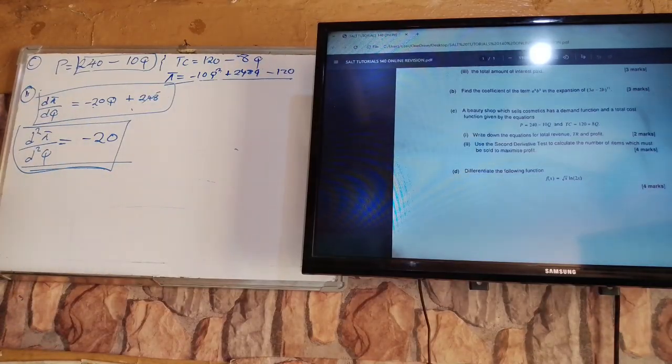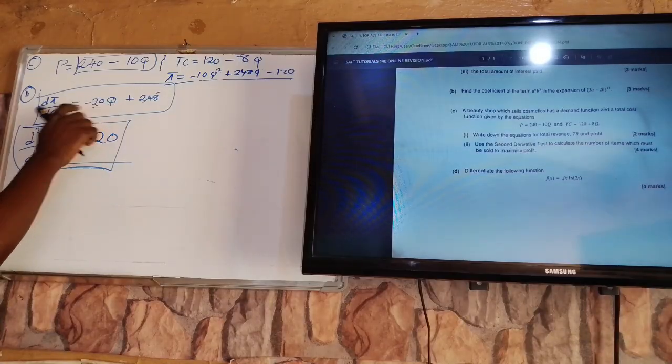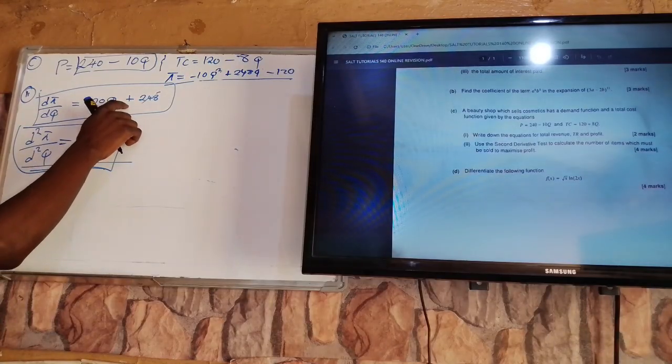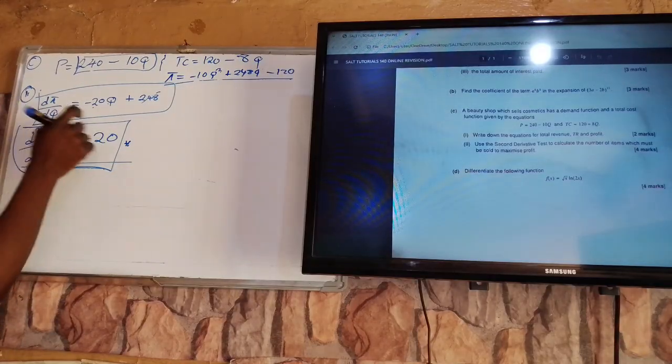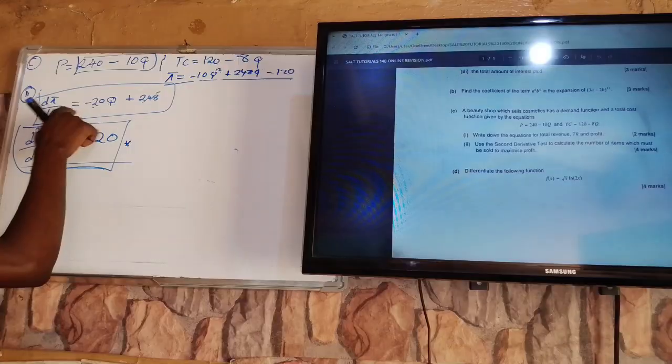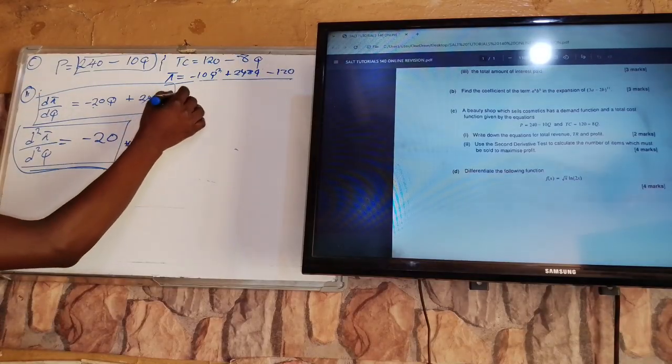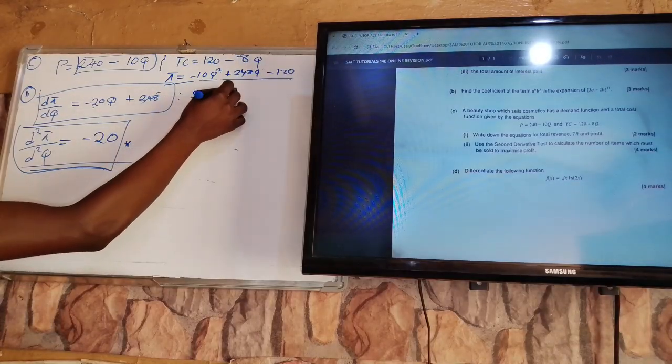Now remember, we said that when finding the maximum point, first we have to find the turning point. So keep this as your first derivative and use the first derivative to solve the value of q when this is equal to 0. So we are going to use this to solve for q.